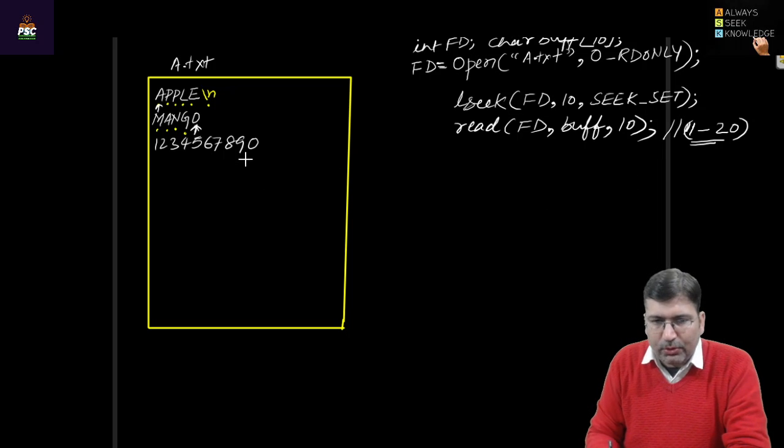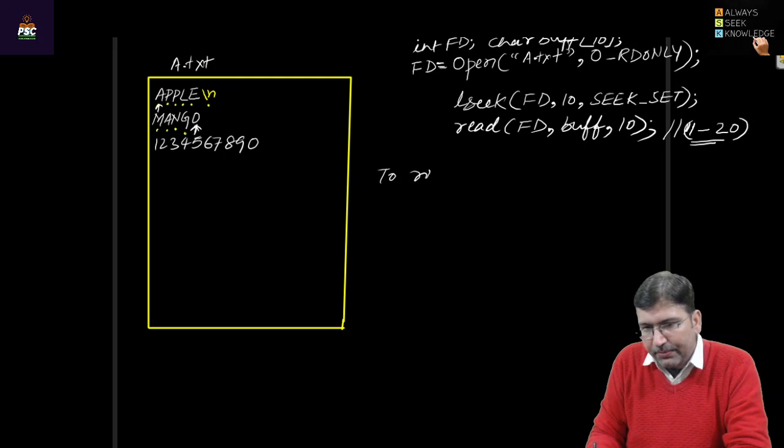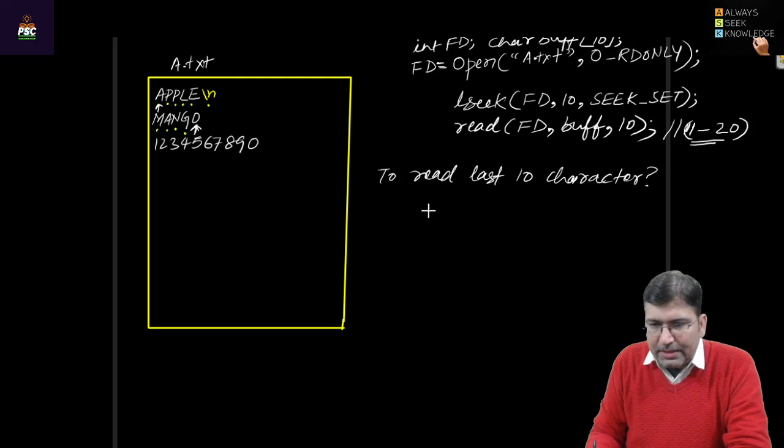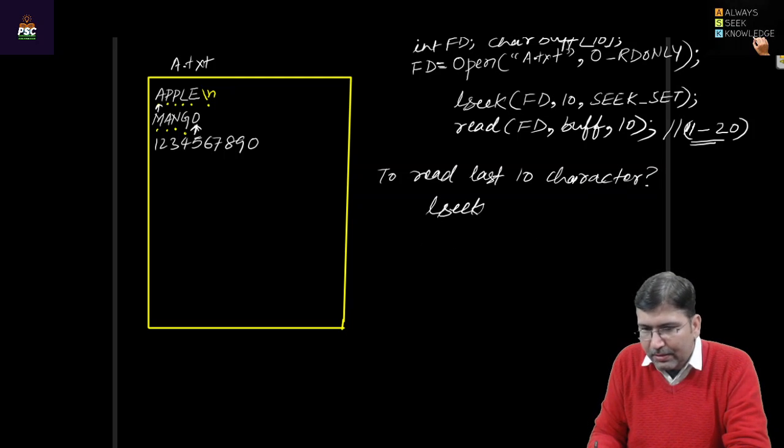But let's say you want to read the last 10 characters. How will you do it? You use lseek, and let's say fd is your file descriptor, and you want to read the last 10.